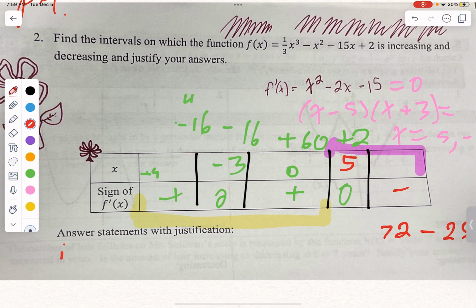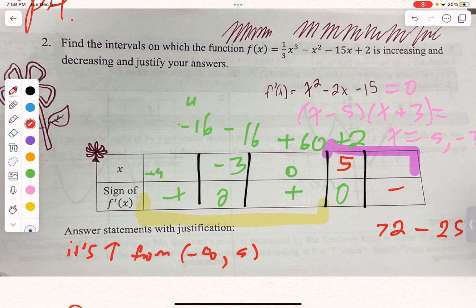It would be, I'll do an arrow, increasing from negative infinity to 5 because f prime of x is greater than 0.